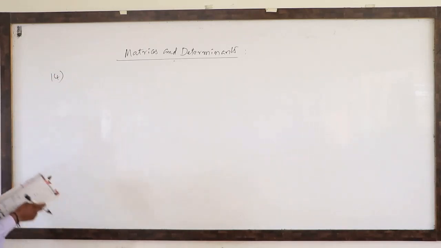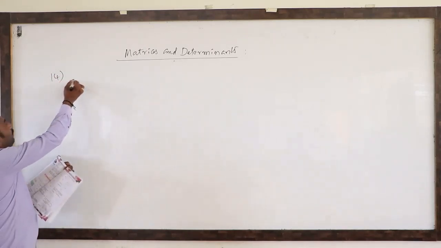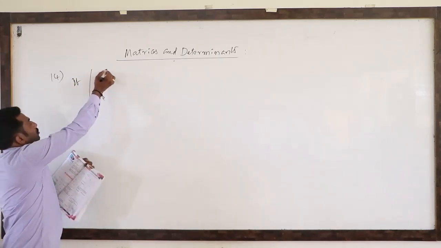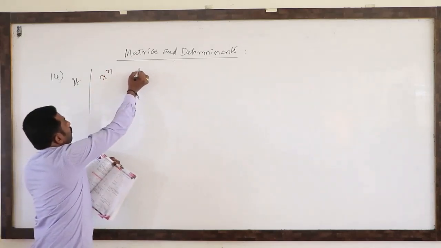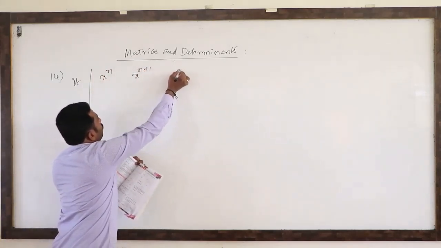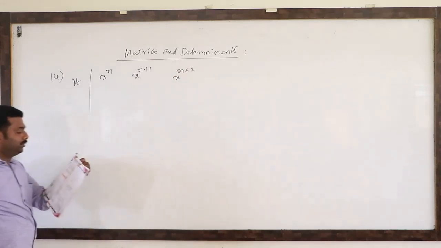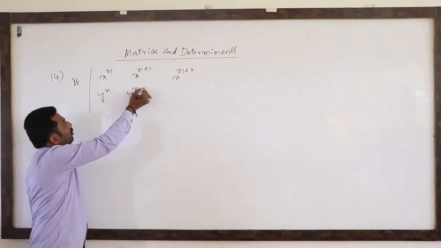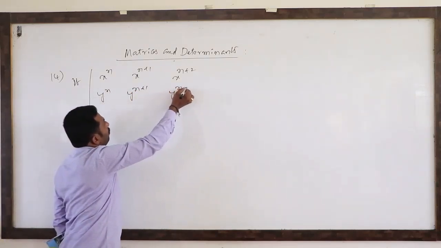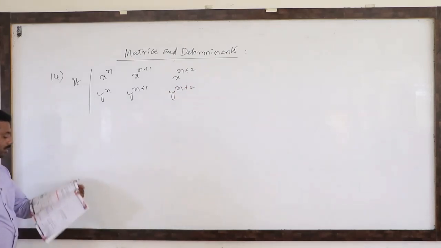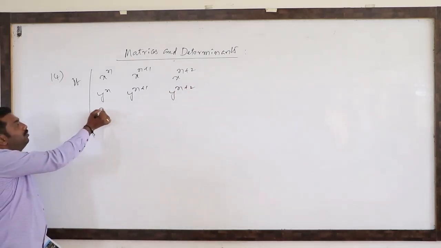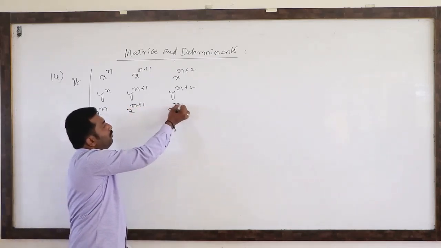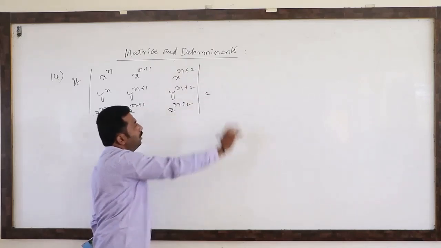How are they asking the question? A determinant of x to the power n, x to the power n plus 1, x to the power n plus 2; y to the power n, y to the power n plus 1, y to the power n plus 2; z to the power n, z to the power n plus 1, z to the power n plus 2, equal to.